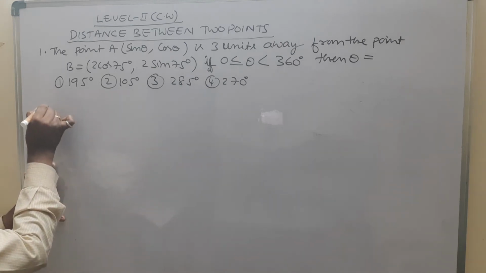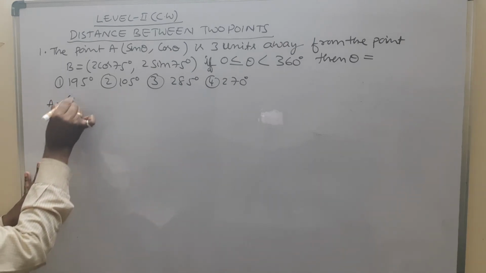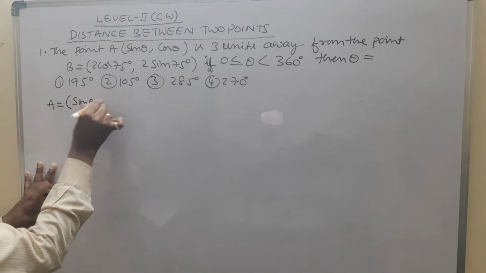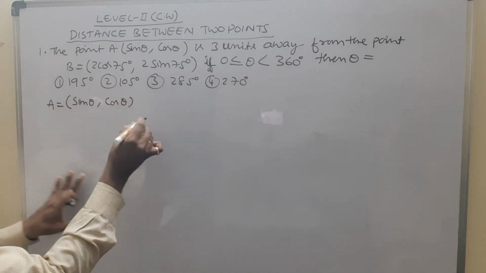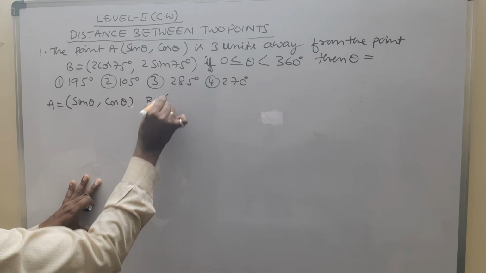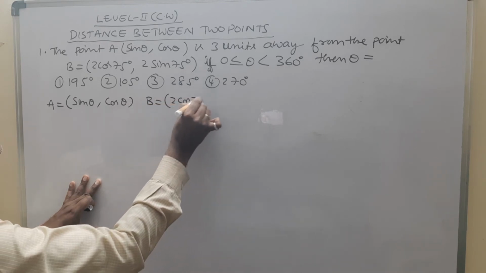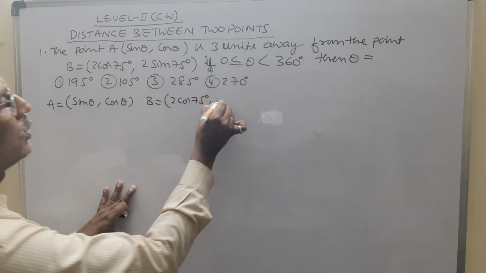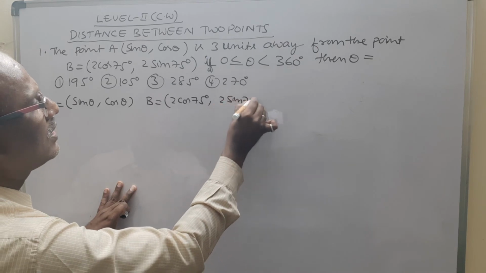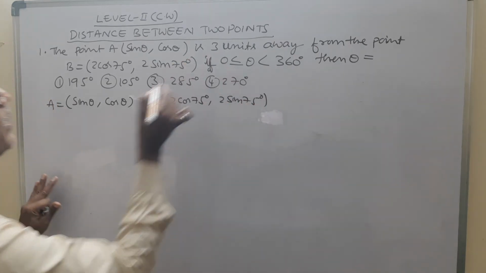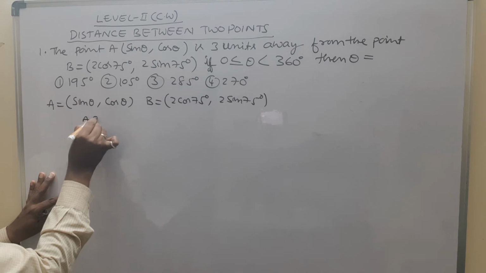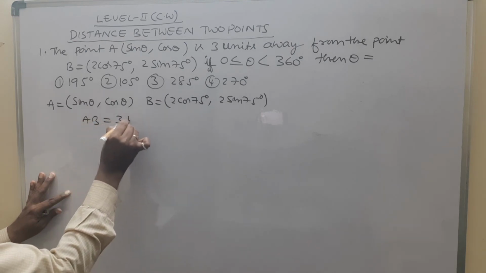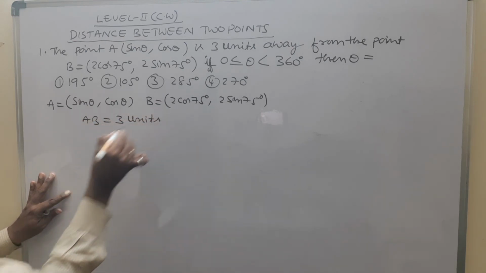Capital A is equal to sin theta comma cos theta, B is equal to 2 cos 75 degree comma 2 sin 75 degree. Here AB distance is equal to 3 units given in the question.